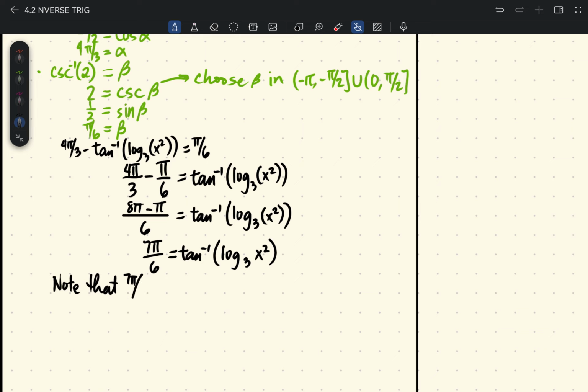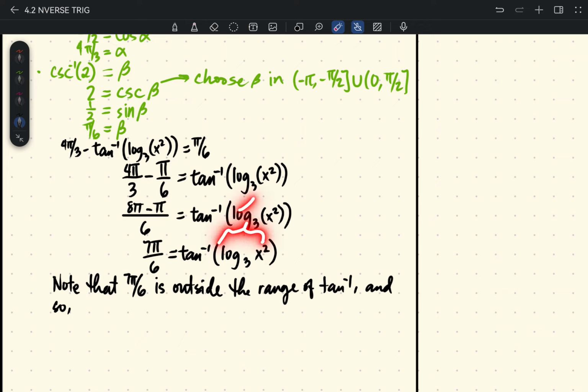7 pi over 6 is outside the range of tangent inverse. And so, since this one is outside the range of tangent inverse, you cannot find an angle alpha such that tangent inverse of alpha equals 7 pi over 6.